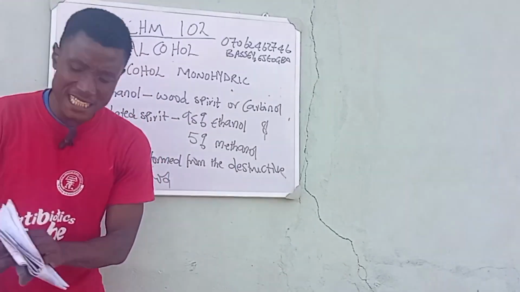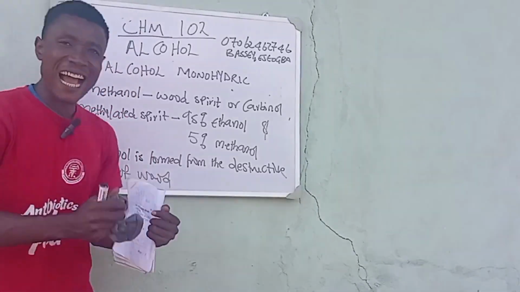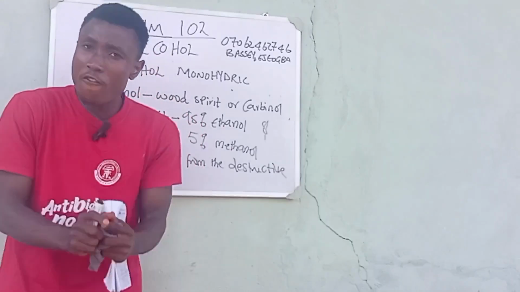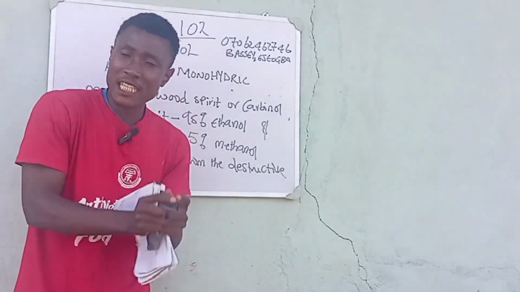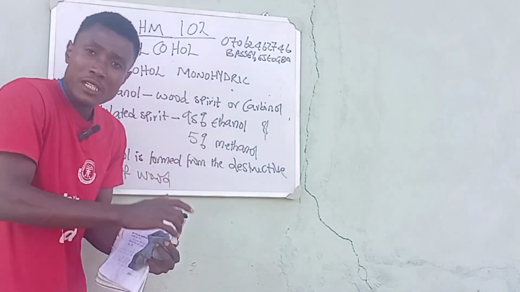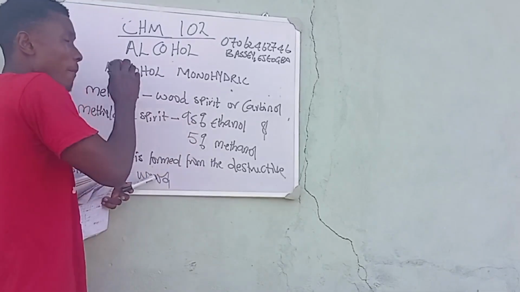So basically, that is everything you are supposed to know when it comes to alcohol in a simplified way for your level, 100 level in the university, an introductory aspect to organic chemistry. This is basically everything you are supposed to know about alcohol.